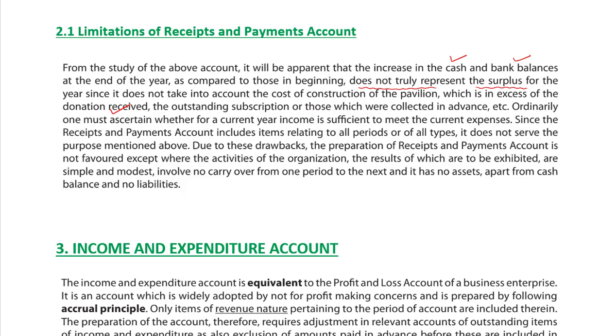The donation received was 10,000 and the cost of construction of pavilion was 11,000. The outstanding subscription or those which were collected in advance, etc.